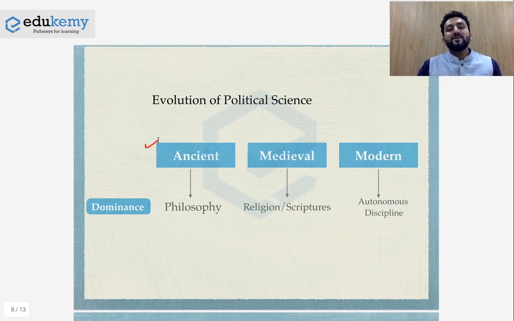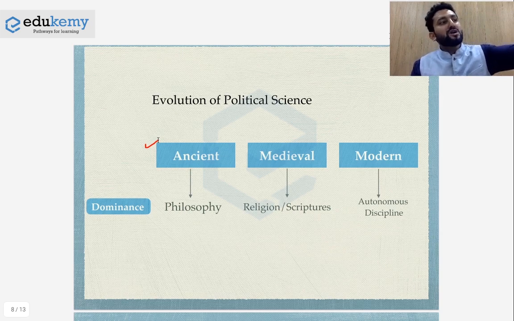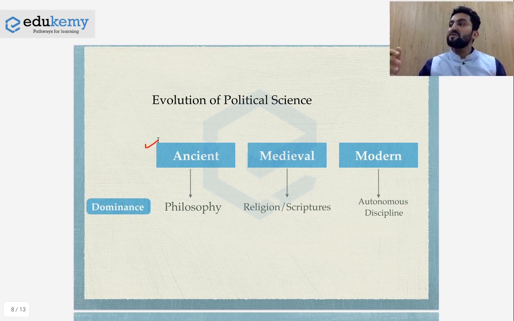At that time, generally the philosophers would tell that this should be the way to govern the state. This is the way government works. This should be the way the society works. This should be the way education works. So philosophy was the prominent aspect in ancient time when it comes to rule.